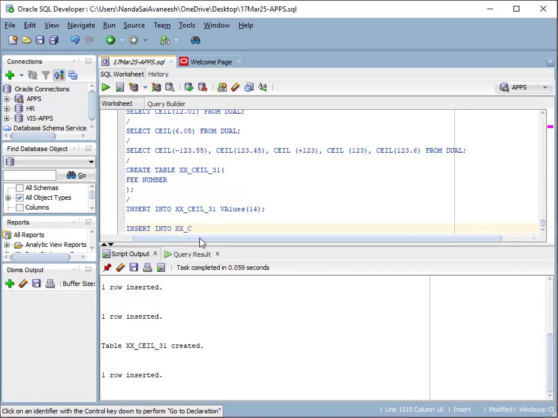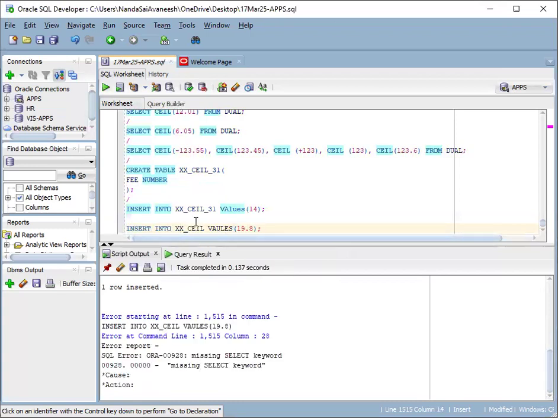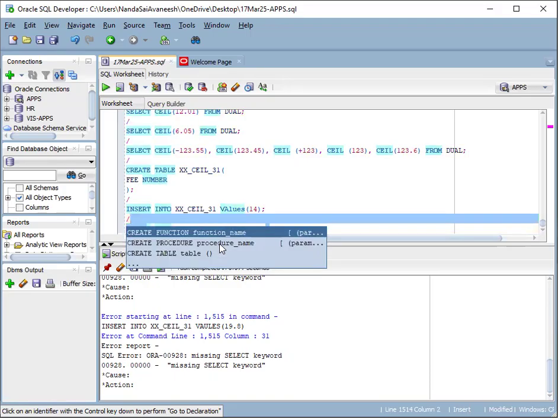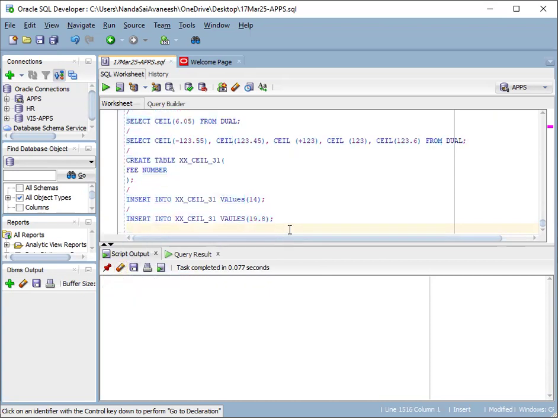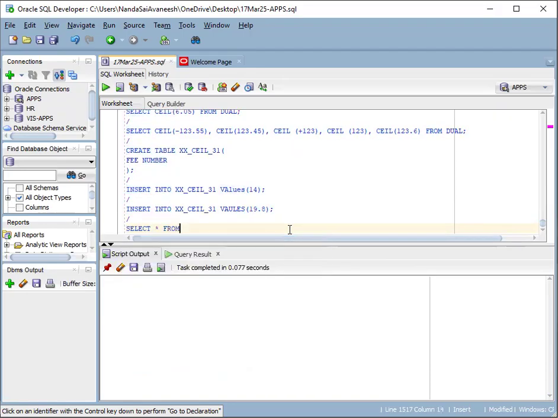Insert into xx_ceil_31 values 19.8. This one is correct only, no? Insert into XX.